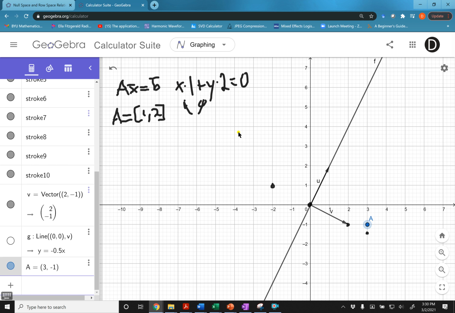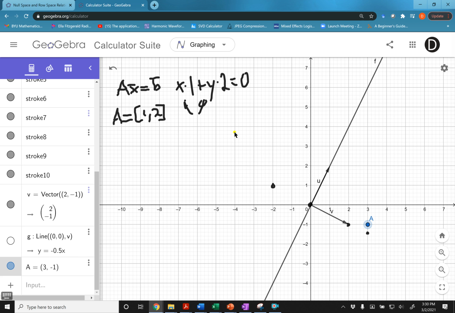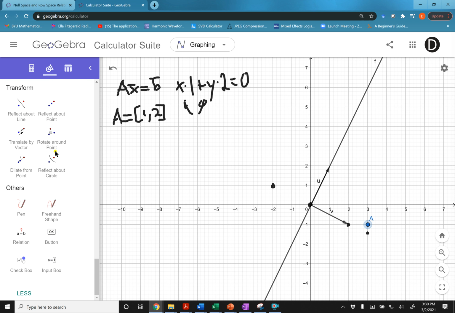Well, we're going to get 3 times 1 plus minus 1 times 2, which is going to be a total of 1.